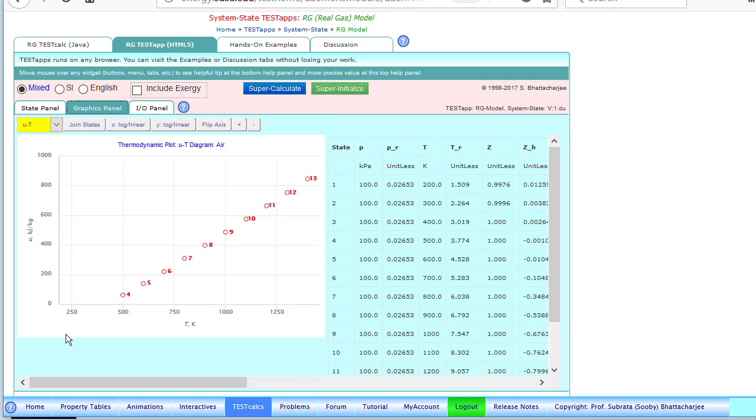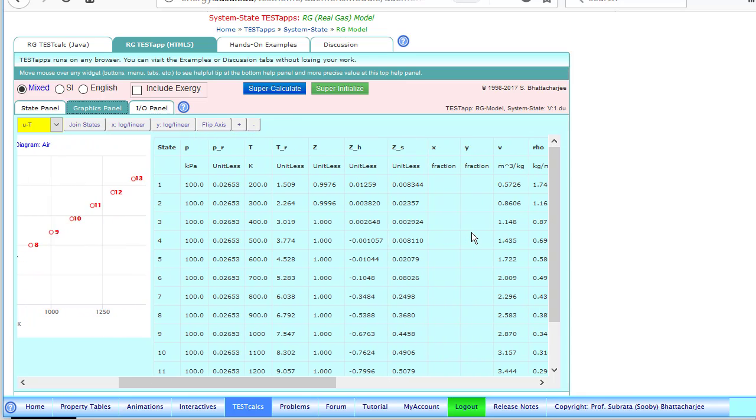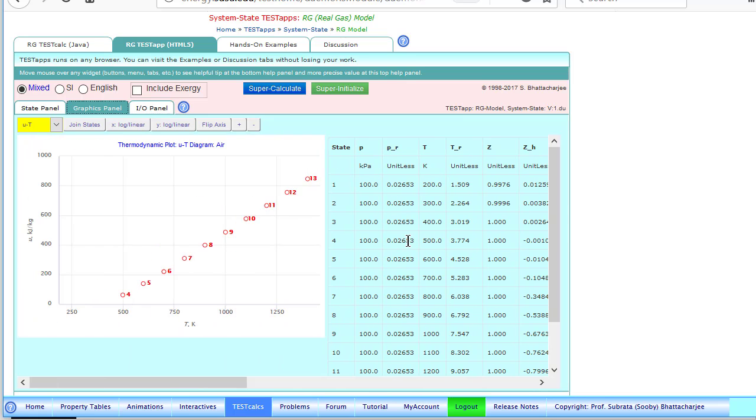And there's your UT diagram from 200 Kelvin to about 1500 Kelvin. You can't see the 200 because those were below zero, as you can see over here. They were below zero until state 4.